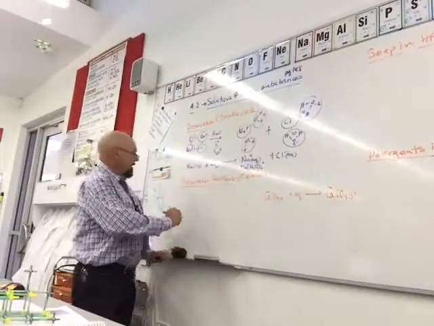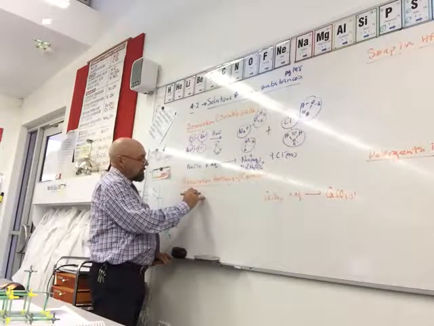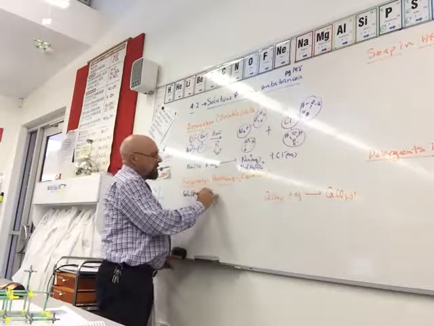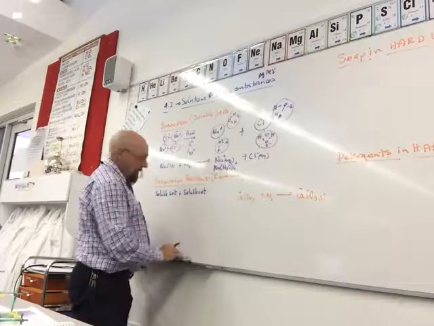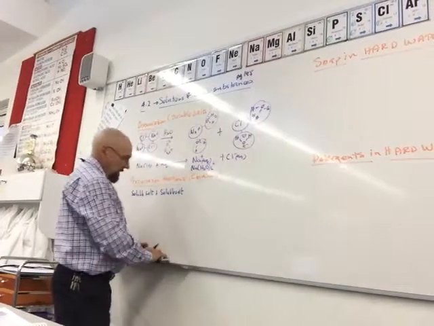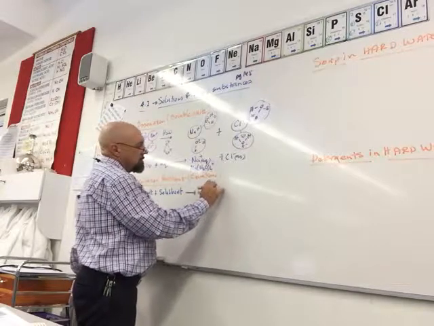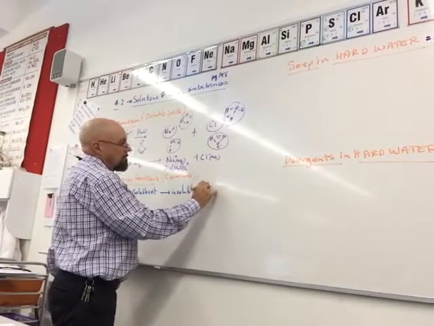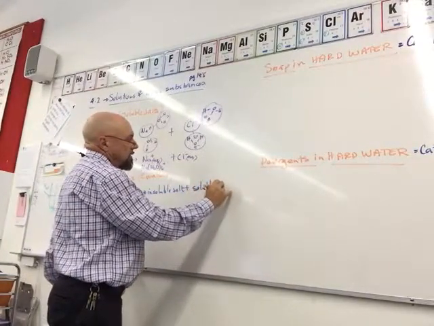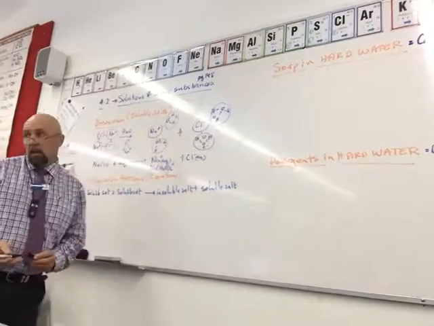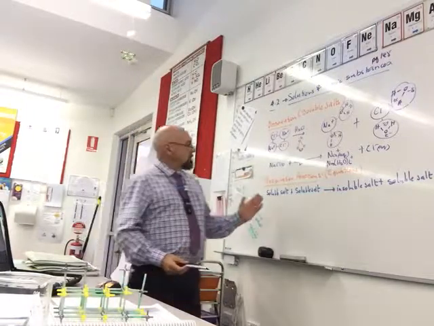It has a soluble salt mixed with another soluble salt, and it will normally form an insoluble salt, plus a soluble salt. And I'll use an example for this as well, and then I'll rewrite that for you in a minute. All right, so a soluble salt.